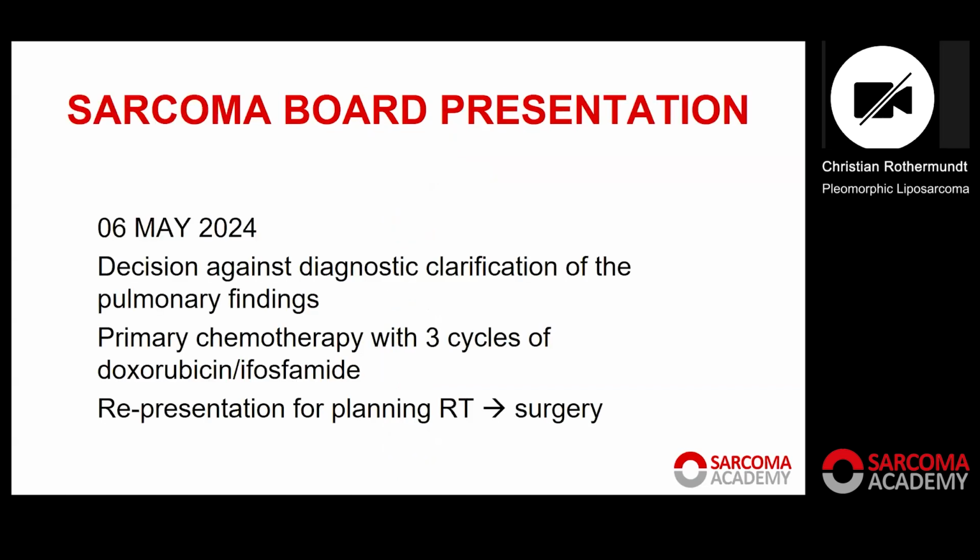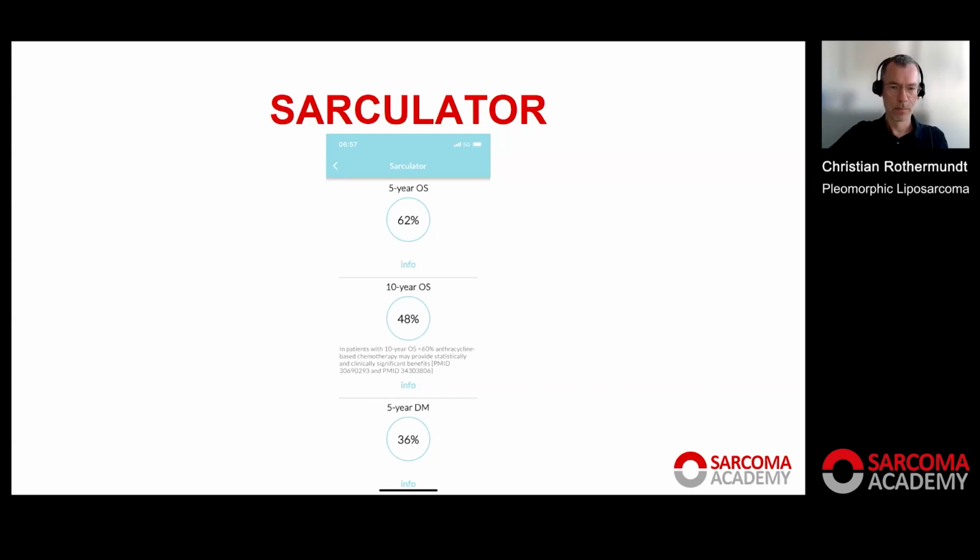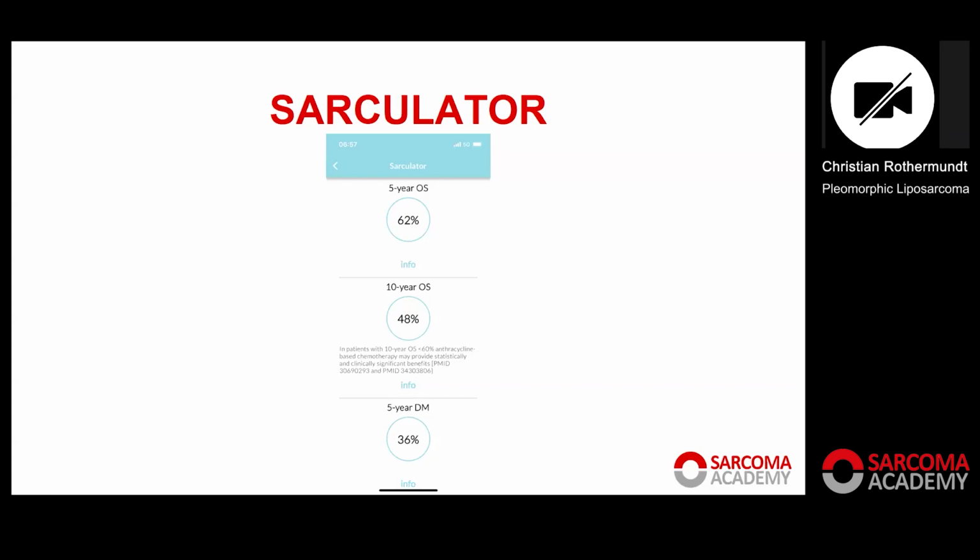So maybe, Christian, in this context, we analyzed 300 sarcoma patients with Sarculator and PERSARC, and we found that our patient cohort is different by more than 10%. Mm-hmm. So this may indicate that we would overtreat the patients, and I think this is a problem.